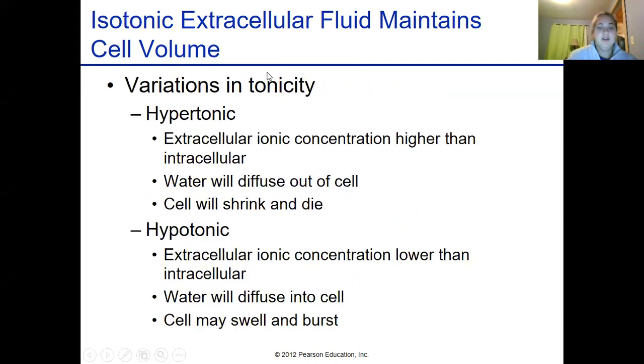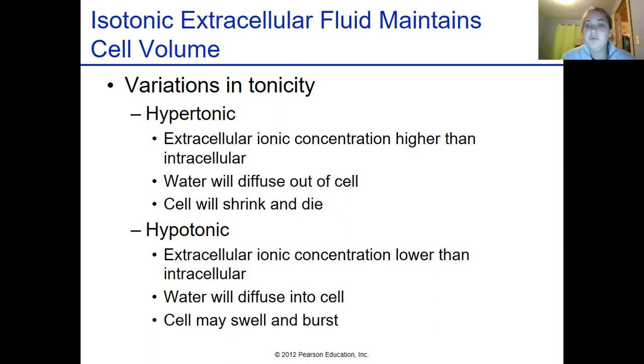So again, this is helping maintain that cell volume. Okay. So there's a variation in tonicity. It can be either hyper or hypo. Hyper is when it's higher than the intracellular fluid. That's when the extracellular fluid is higher, so the outside is higher than the inside.